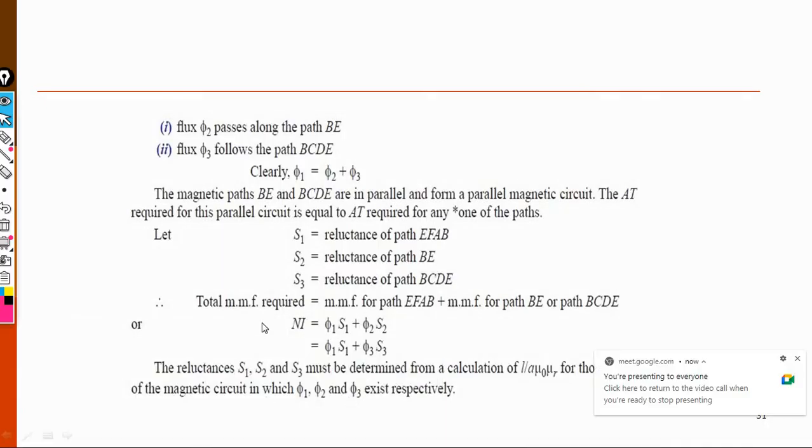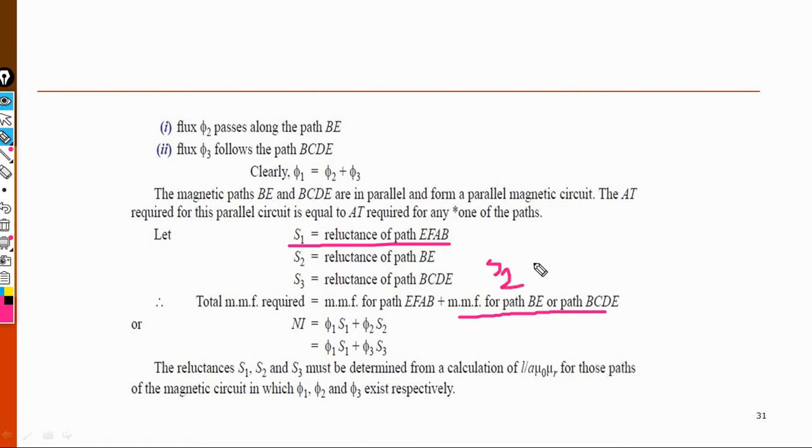Now the total MMF is equal to the MMF for path EFAB. That means we first calculate the total MMF in S1 and the MMF for path BCD, that is S2 plus S3. Now this is the addition of S2 plus S3 and the MMF for path EFAB, that is S1. So the total MMF, N into I, is equal to phi 1 S1 plus phi 2 S2.